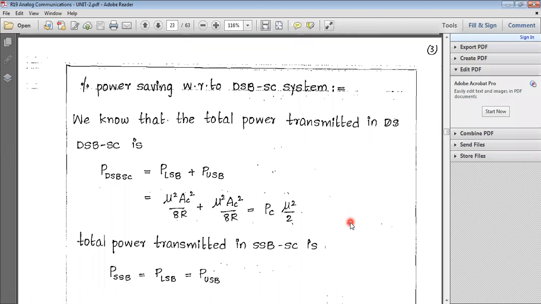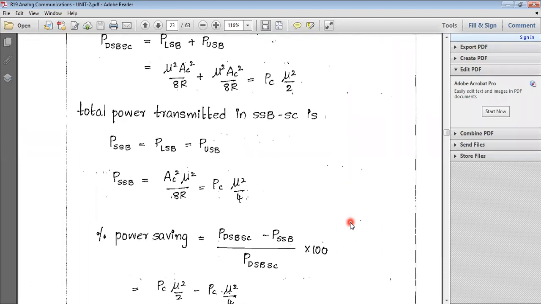Now, we already know SSB power. In the previous case also we calculated Pc mu square by 4, that is either LSB power or USB power, which is equal to Pc mu square by 4. So now, percentage power saving: how much power we save compared to DSB-SC.